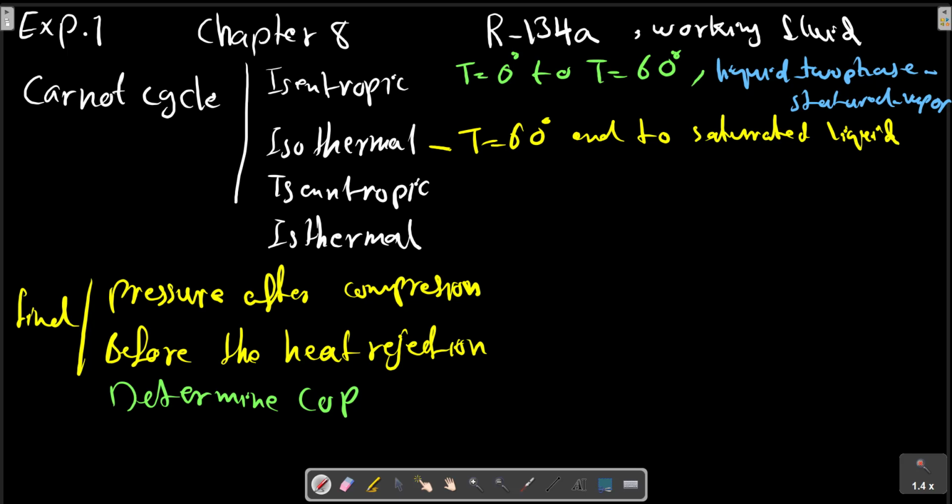At first, we should use PV and TS diagrams. For the TS diagram, we have, for example, a point at T equals 0, the start point.